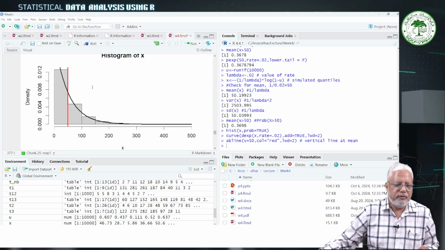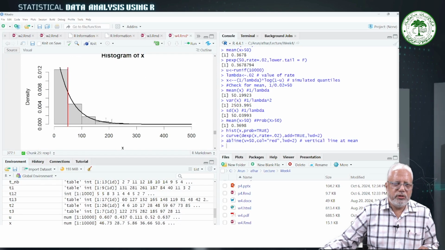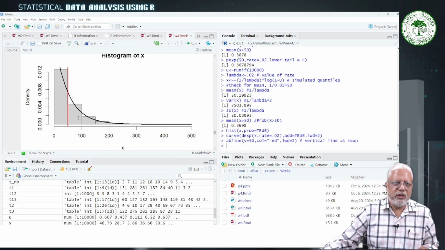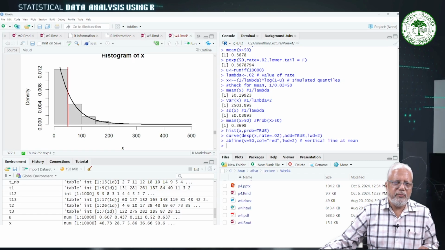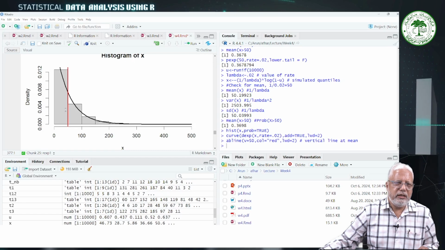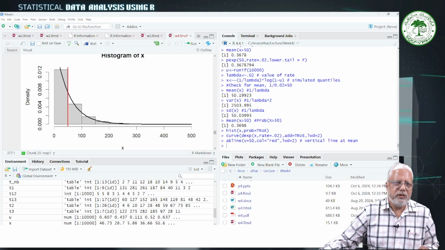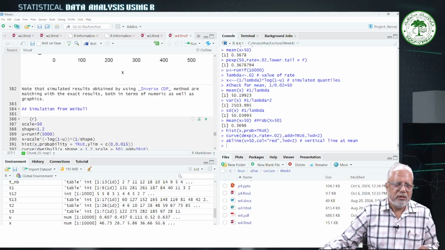This is the exact exponential distribution curve, and this histogram is made on simulated data which we have simulated on the basis of the inverse CDF method, and this vertical line is at the mean, and that is 50.